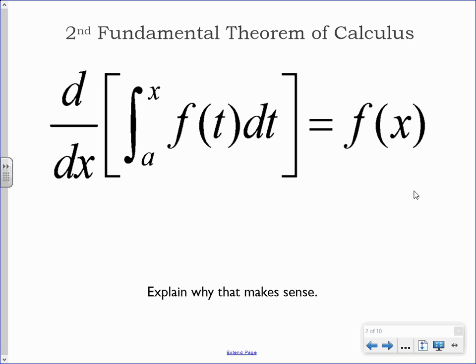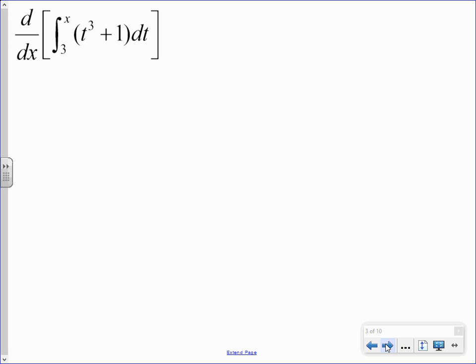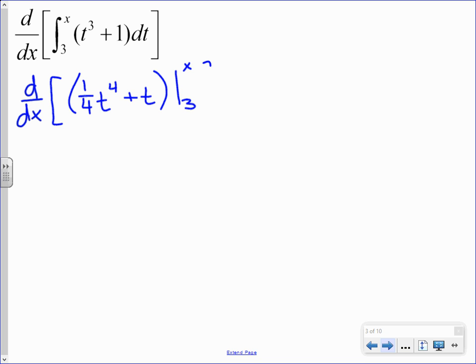Instead of using little f, capital F, all of that stuff, sometimes we don't see that as well. I'm going to use an example. The derivative of the integral from 3 to x of t cubed plus 1 dt. If we were to do the integration, what is the antiderivative of t cubed plus 1? 1/4 t to the 4th plus t, evaluated from 3 to x.